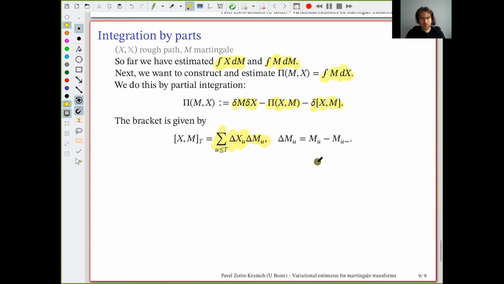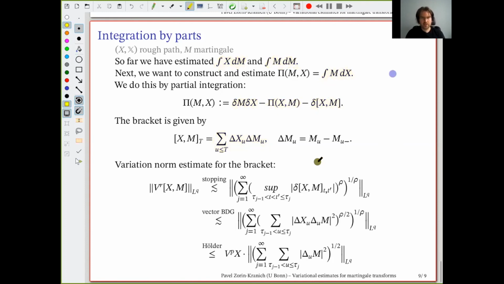So how do you get a variation norm estimate for this thing? First you apply this kind of stopping argument to get rid of this variation. So this variation has some supremum over increasing sequences, and this supremum goes here. And then I kind of forget it, so that I just fix an increasing sequence of stopping times. Yeah, maybe I should have written it here.